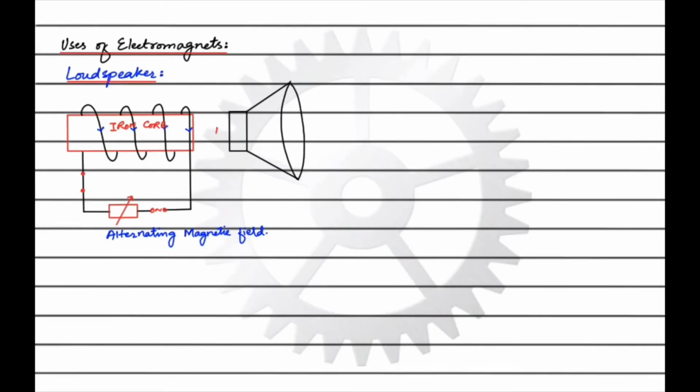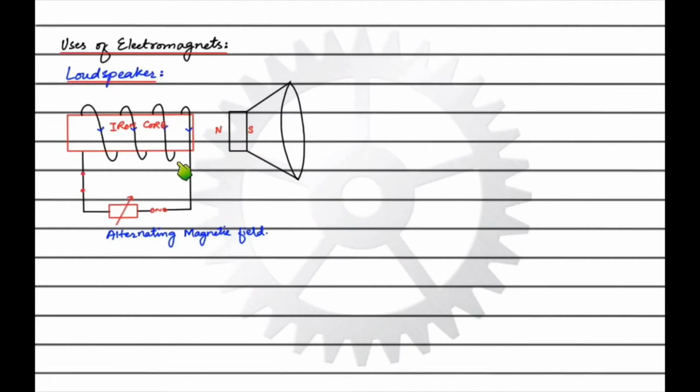Now in order to understand the working phenomena of a loudspeaker, let's say that this pole of the loudspeaker is a north pole, and let's say at this instance there is the same pole, which is north pole, induced because of this alternating current at the facing end of this permanent magnet of the loudspeaker. Since there are two same poles at the facing end, there will be a force of repulsion and this cone will be moving outside.